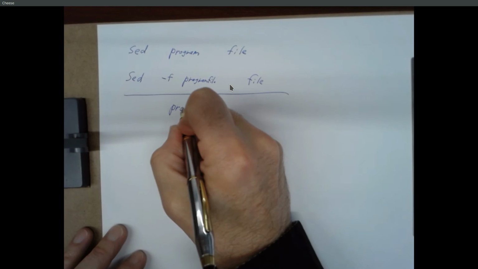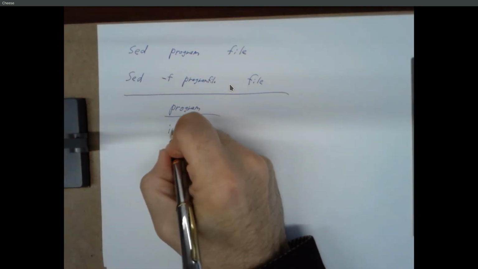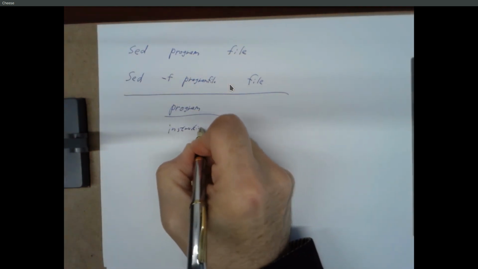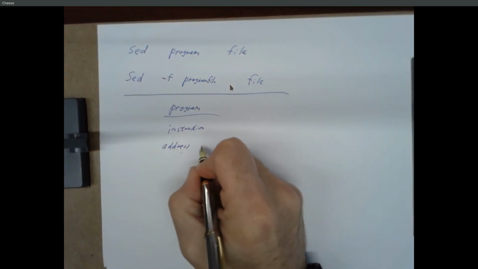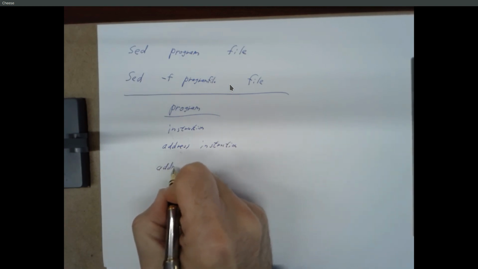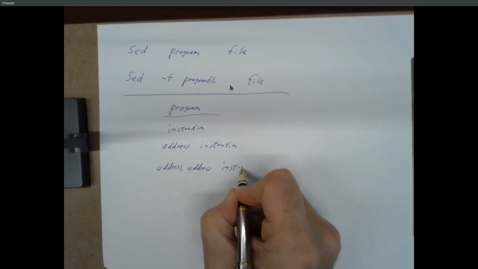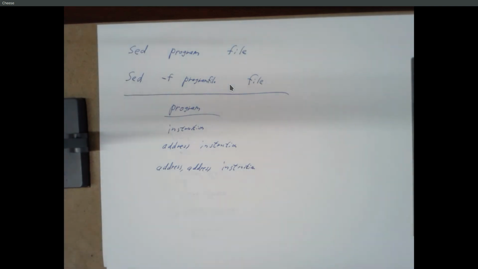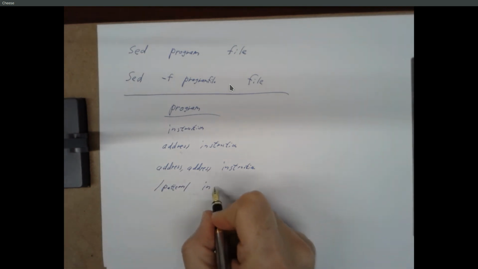So what does a program look like? It can be an instruction, or it can be an address followed by an instruction, or it can be an address, comma address followed by an instruction, or it can be a slash and a regular expression followed by an instruction.